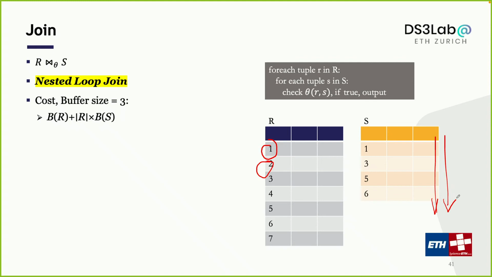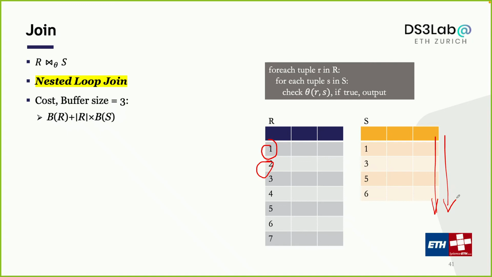The cost of this is going to look like this. On the R side, I have a sequential scan of R. I keep bringing tuples of R into my buffer, page by page. So I have one term equal to the number of pages in R. And then for each tuple of R, I do one pass of sequential scan on S. That doesn't sound very smart, but that's what the algorithm is actually doing.